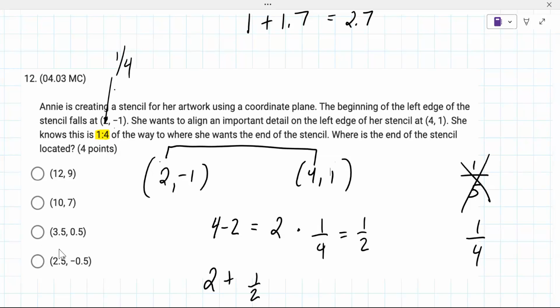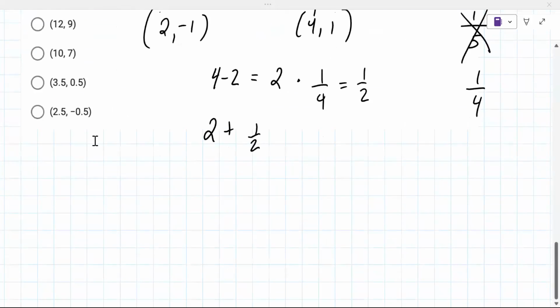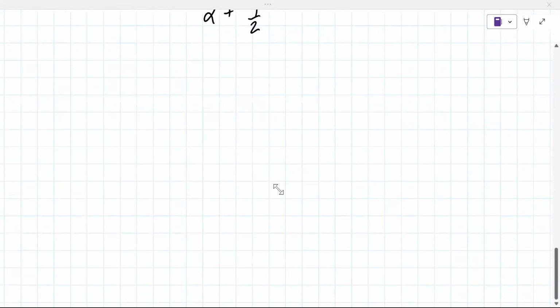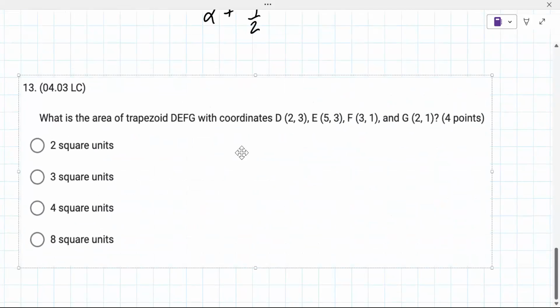All right. Number 13 in the chat now. What is the area of trapezoid DEFG?